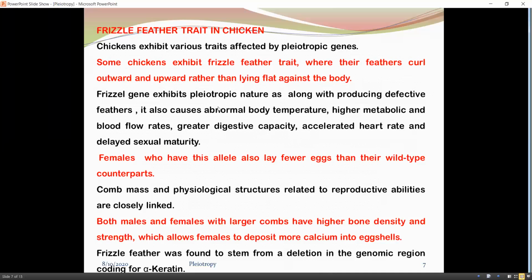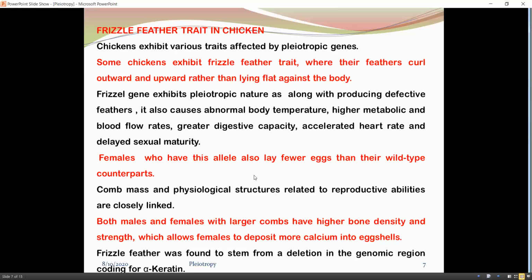The frizzle gene exhibits pleiotropic nature as along with producing defective feathers, it also causes abnormal body temperature, high metabolic and blood flow rates, greater digestive capacity, accelerated heart rate, and delayed sexual maturity.